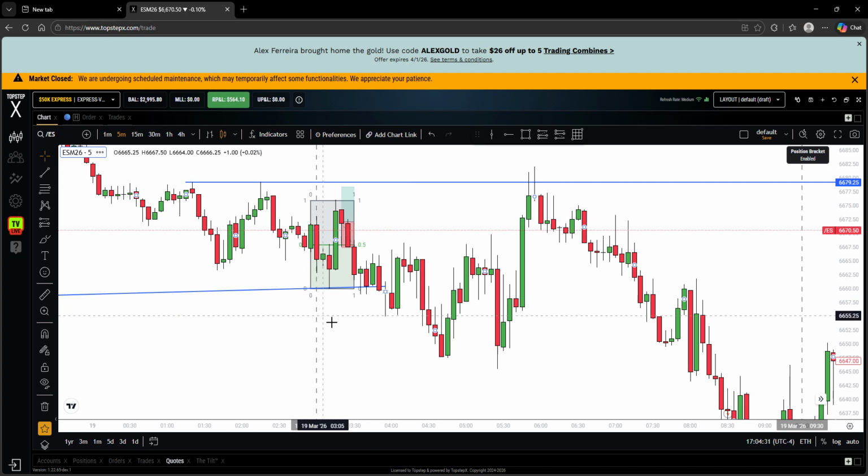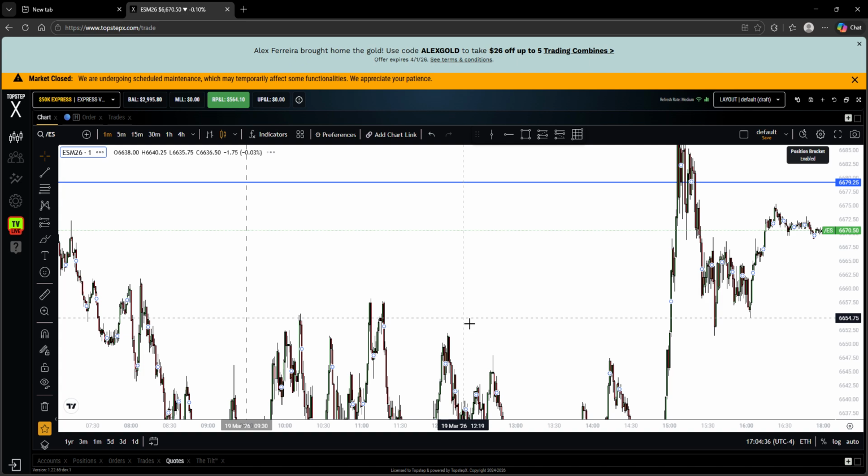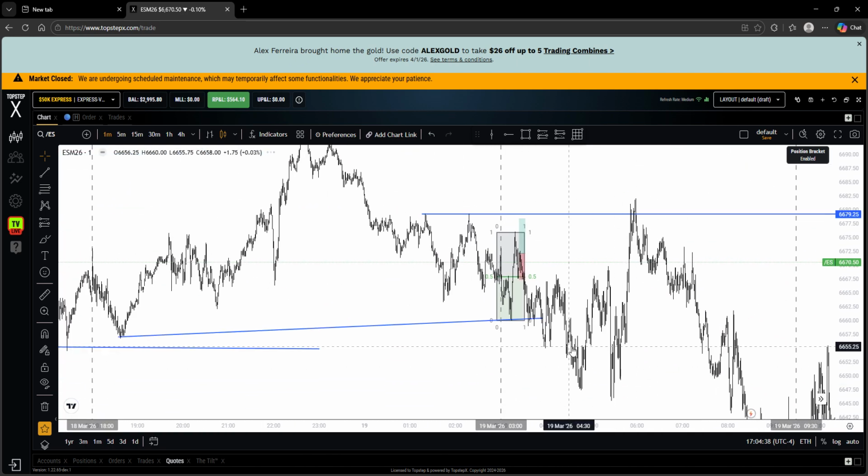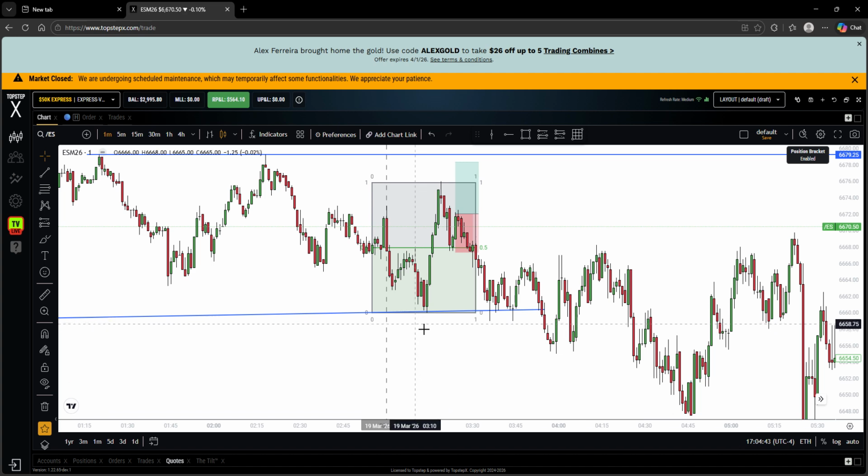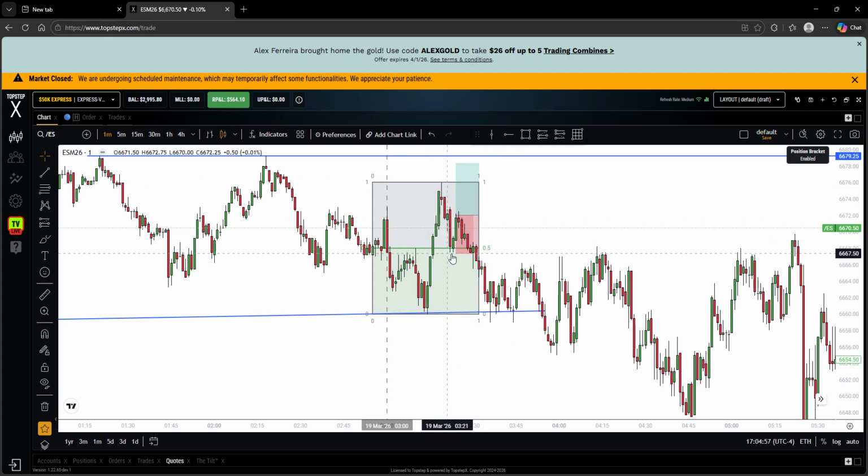So here we have the 5-minute equilibrium box, and if we go to the 1-minute time frame, we see that after the SMT we break structure to the upside in the 1 minute, and then we also break structure to the upside in the 5-minute time frame, and then I'm just waiting for a retracement in the 5-minute to hit the equilibrium, which it does pretty nicely, but I decided not to enter right after we hit the equilibrium.